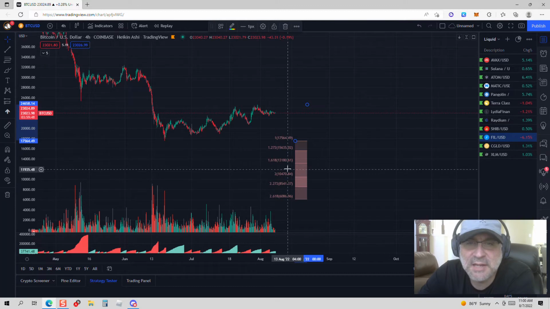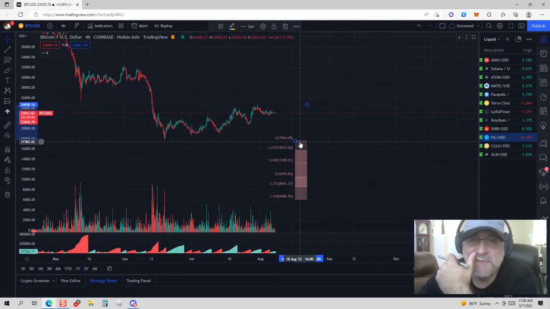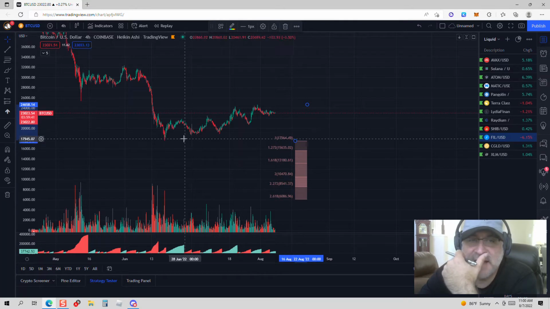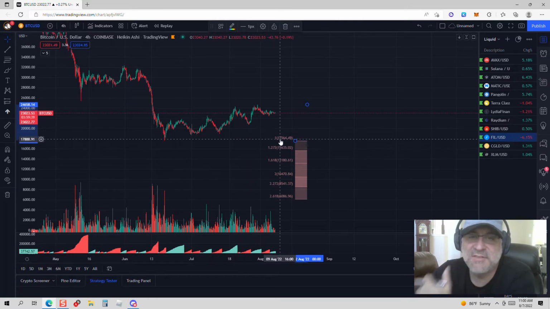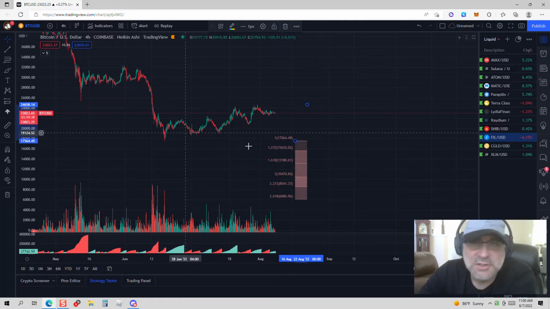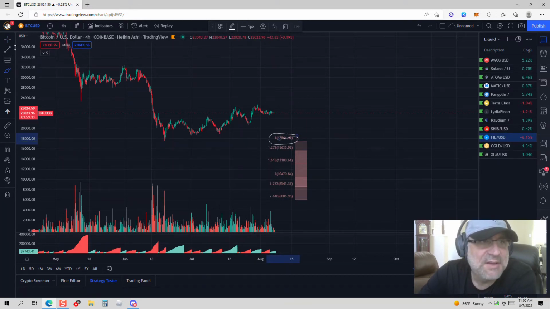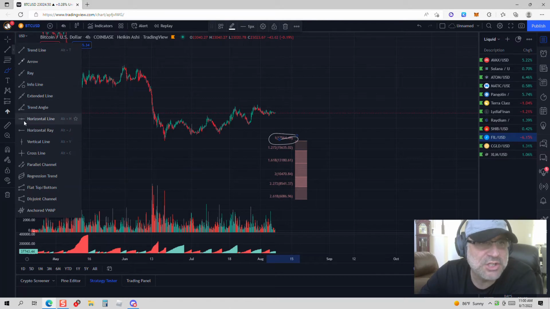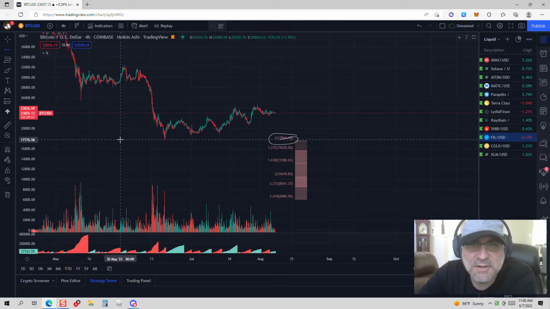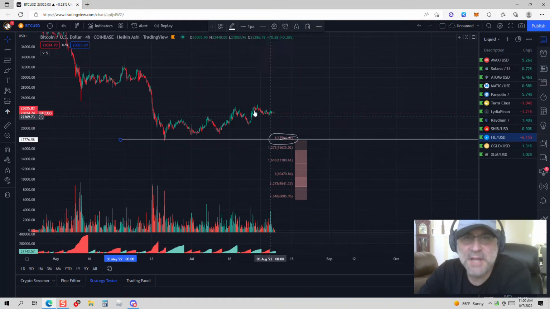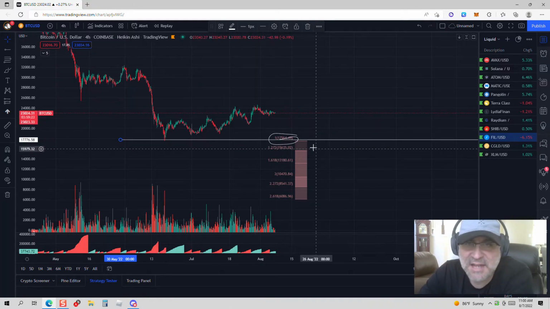The 618 would take it down to the 13,000. The 1 Fibonacci will take it back down to the low, which is the 17.5, of course. So if we make it back down to the 17.5, that of course is trading range support. We'll do a horizontal ray here. And so that's the 1 Fibonacci, and anything beneath that is a retracement.